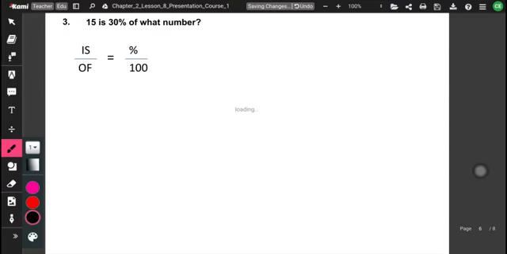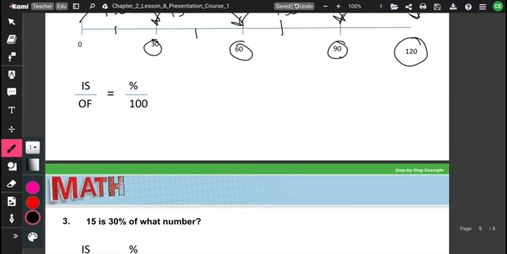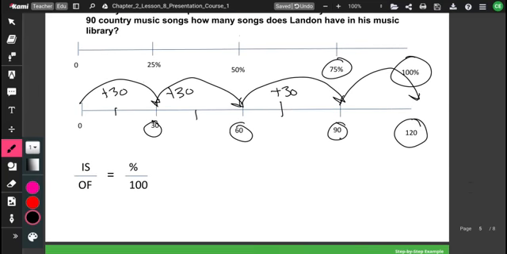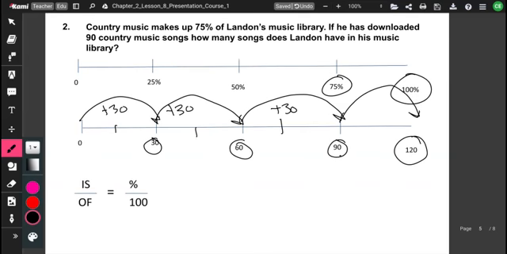Same thing again. I wanted to show is over of equals percent over 100. I'm looking at this and I'm going to say 75% over 100. If he has downloaded 90 country songs, how many songs does Landon have in his music library? So 90 is our is, of what number?